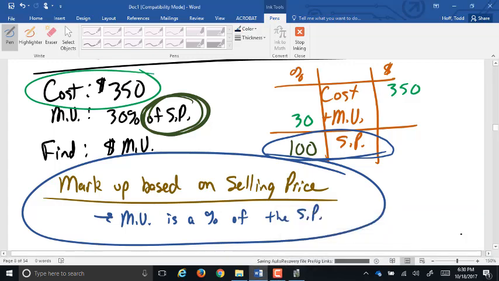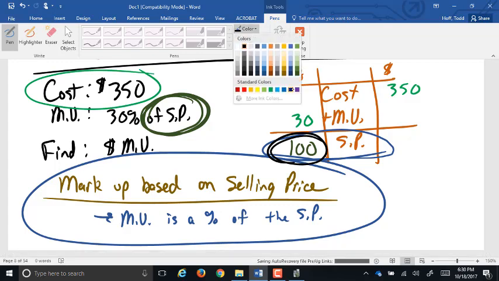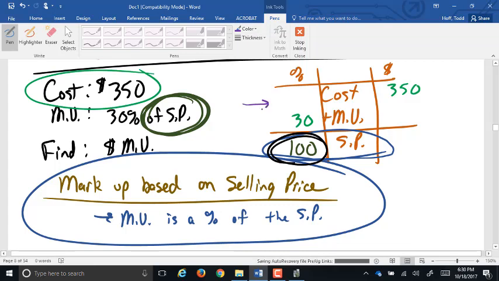So we just mentioned this markup based on selling price. And in our example here, we saw that the 100% had to go with the selling price. So let's finish off this example here. What does that mean going backwards here to the percent representing the cost?